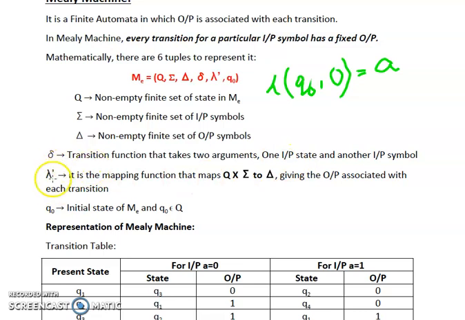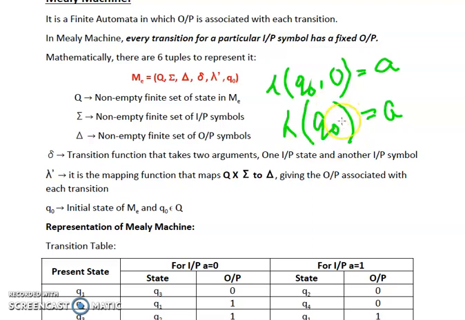Now, the difference between the Moore and Mealy machine lies over here. In case of Mealy machine, since the output is associated with each transition, it is represented like this, and there are two arguments that are considered, the current state and the input. But in case of Moore machine, since the output is associated only with the state, in the lambda we only give the current state, and with the current state the output is obtained because the output is associated with each and every state.